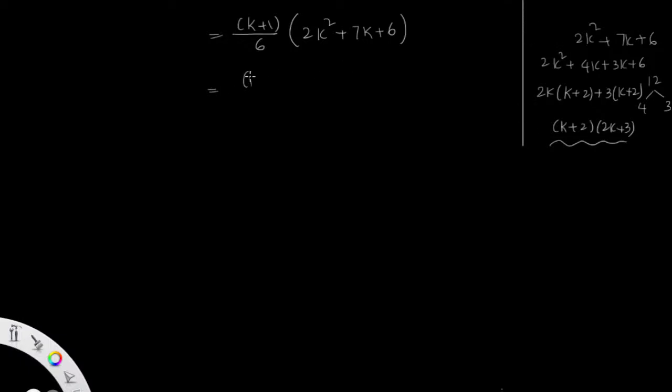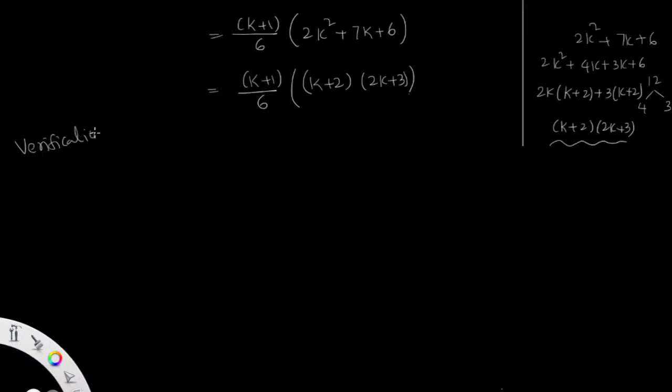Now substitute here: k plus 1 by 6 into k plus 2 into 2k plus 3. So this is the value: k plus 1, k plus 2, 2k plus 3, divided by 6. Whether it is correct or not, do the verification.